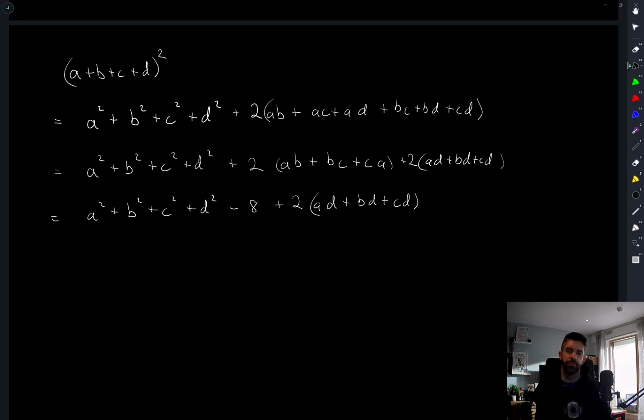Is it worth trying to solve for these things just using substitution methods? Maybe.